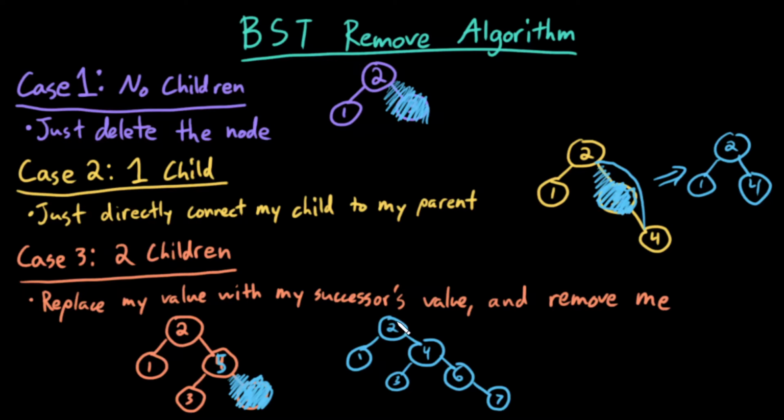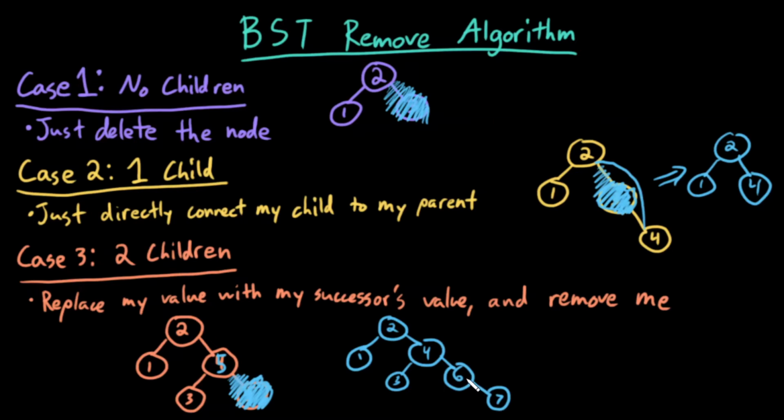I start at the root, and then 4 is greater than 2, so I traverse right. 4 is equal to 4. Therefore, I should find my successor. 4 has a right child, so I go right once and as left as I can. This is as left as I can. 6 is my successor, so I have to remove 6.